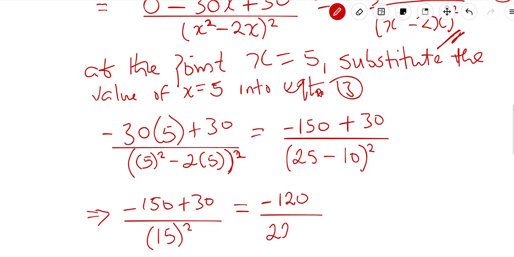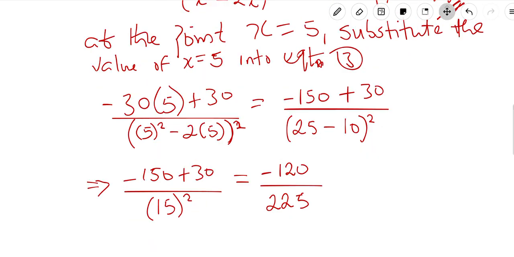Of course, we can simplify this further. I can use 5: 5 goes into 120, that's 24, and 5 goes into 225, that's 45.